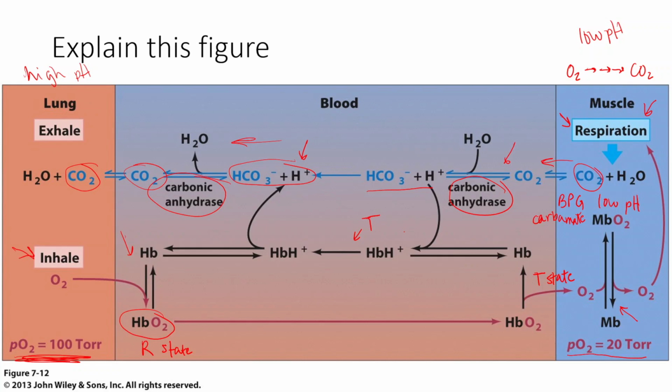Is it interchangeable? Do you use bicarb or carbonic acid, or does it turn it into one of those? Well, it's the same thing, right? This is carbonic acid, and when you lose a proton, it's bicarb plus proton. Depending on the exact pH, we'll decide whether or not it's dissociated.